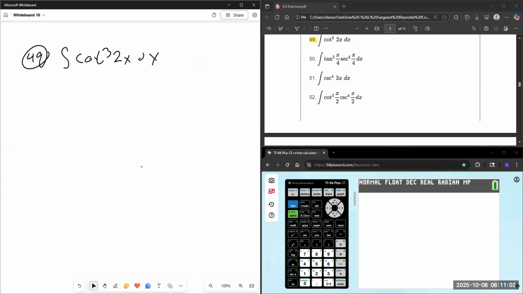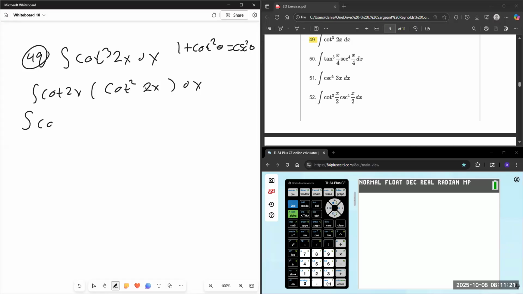And we're going to save a cotangent, and we're going to have a cotangent squared. And 1 plus cotangent squared is equal to cosecant squared. So I'm going to go cotangent 2x times cosecant squared 2x minus 1 dx.